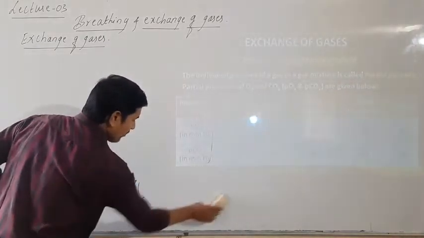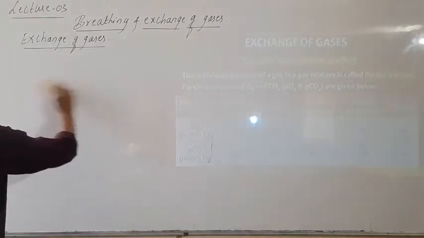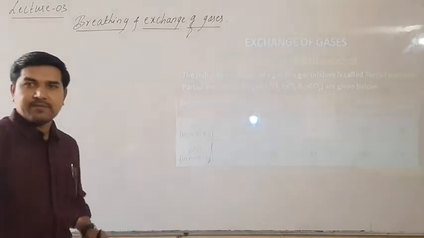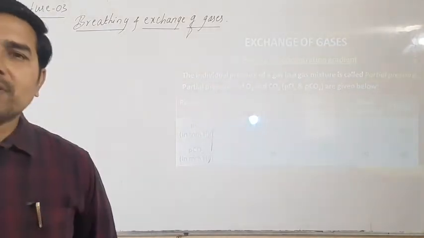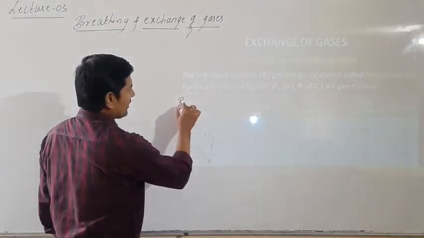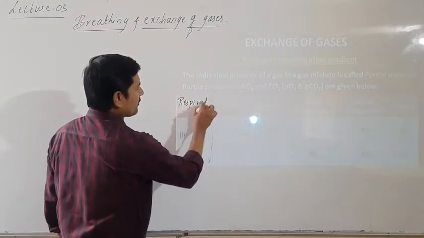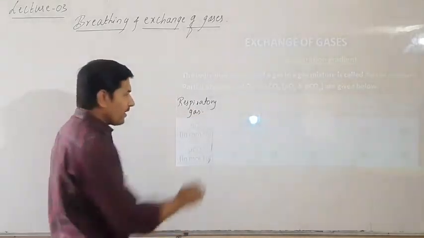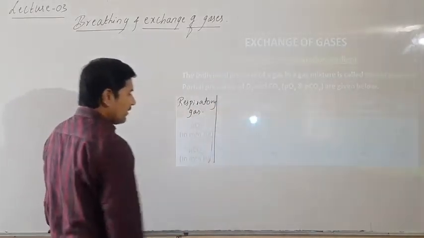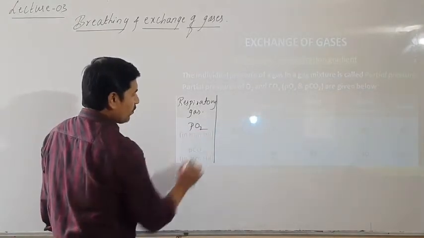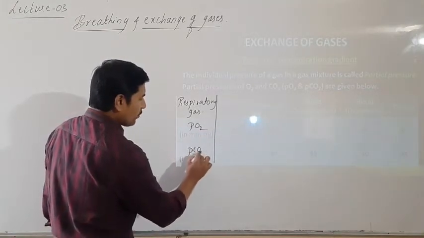Okay, now in the exchange of gases, if we look at this chart, in this chart we can make out the respiratory gases. Now here we have the chart called respiratory gas. In this respiratory gas, here we have PO2, PCO2 level.